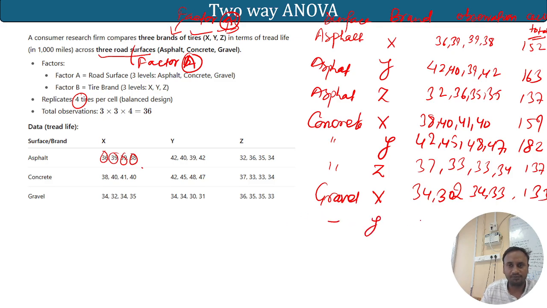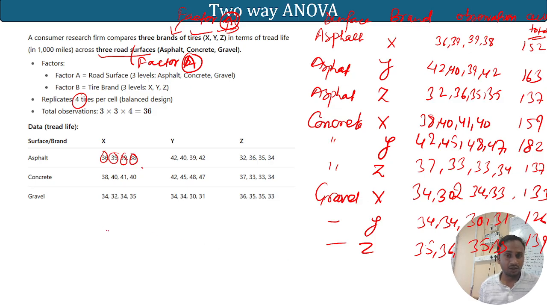Gravel Y: 34, 34, 30, 31. It came to 126. Gravel Z: how much did it come to? 35, 36, 35, 33. Here it came to 139.